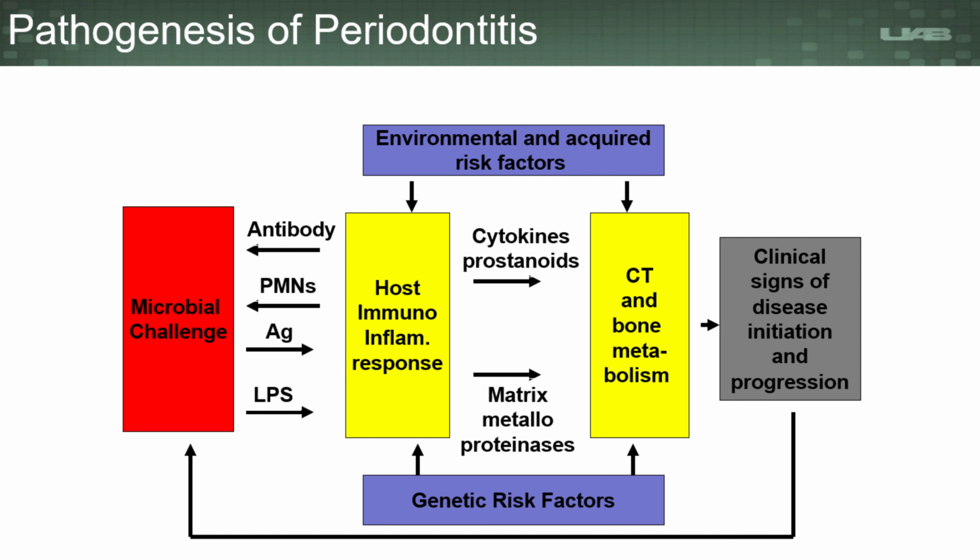But over time, that response becomes more chronic and more specific with the potential to create changes in the environment. So if we get a deeper pocket, the area for the microbial challenge changes because it now selects out more anaerobic gram-negative bacteria that are worse from a challenge perspective and elicit a different immune response, one that happens to be more rapid.